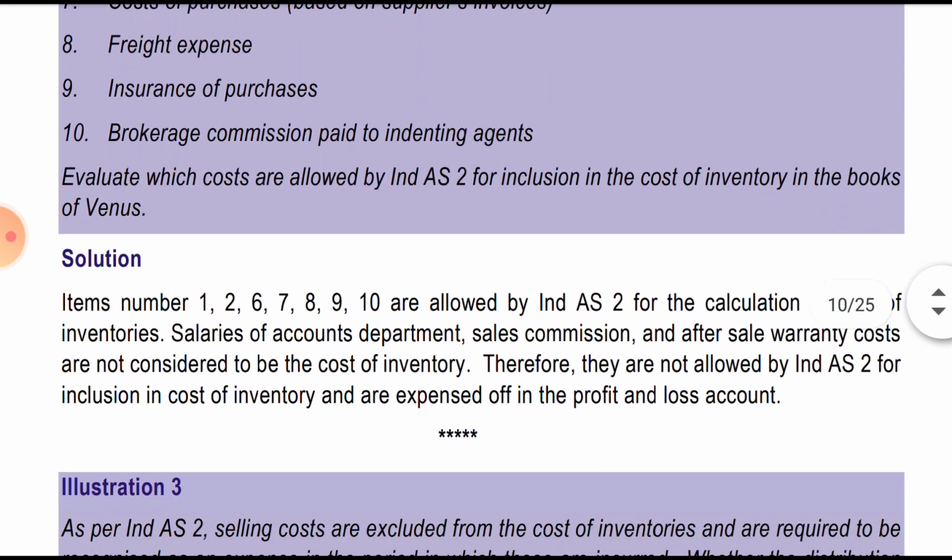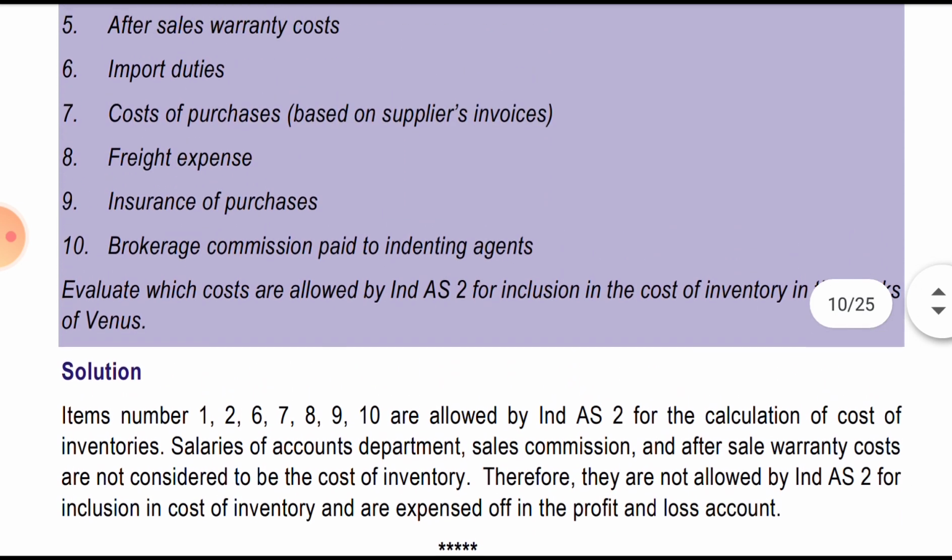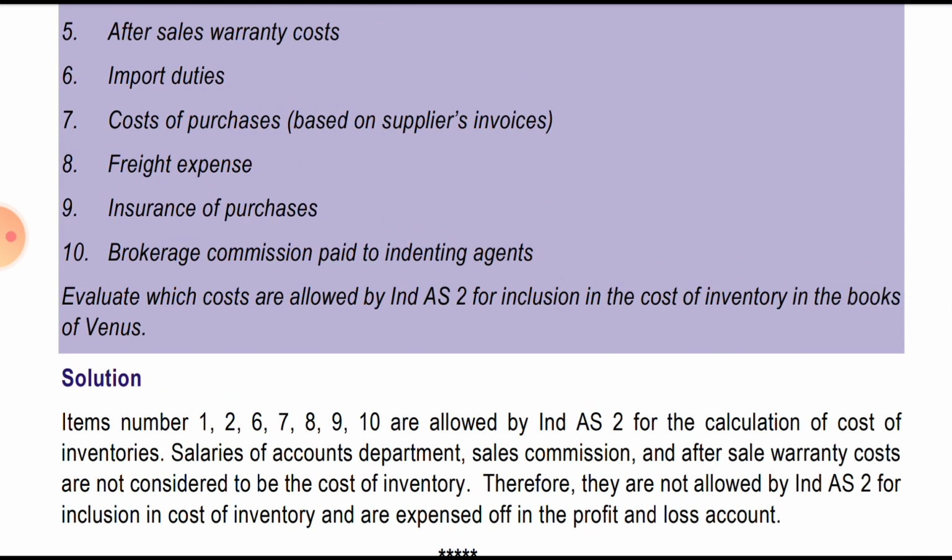See, this brokerage is not a sales commission, but it is paid for bringing the goods to the present location. So this brokerage commission paid to the indenting agent will be included in the cost.